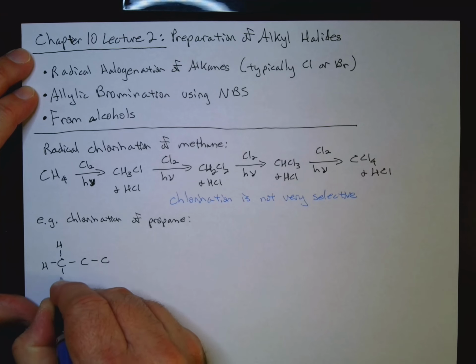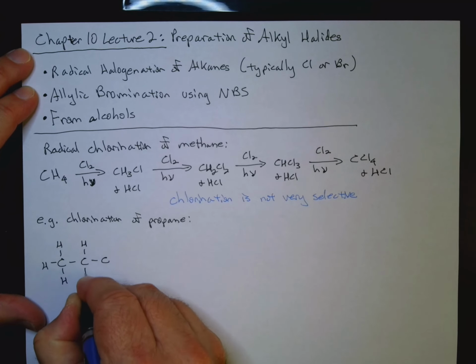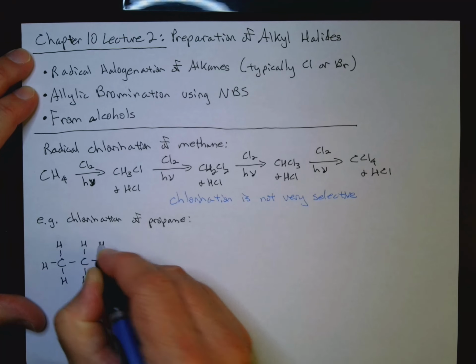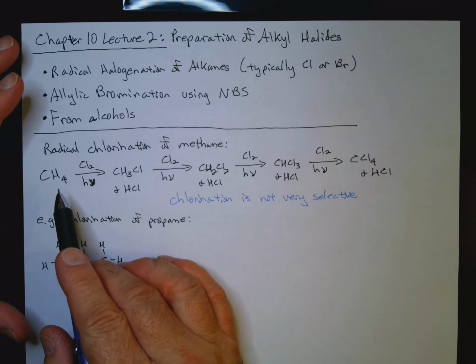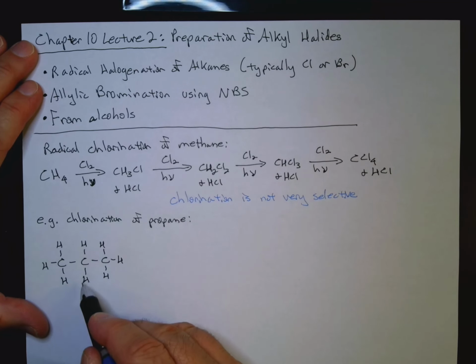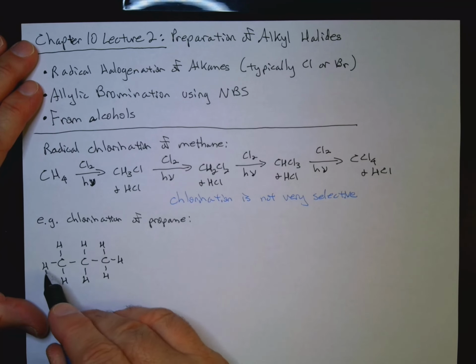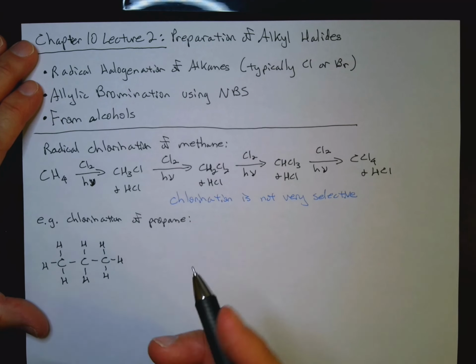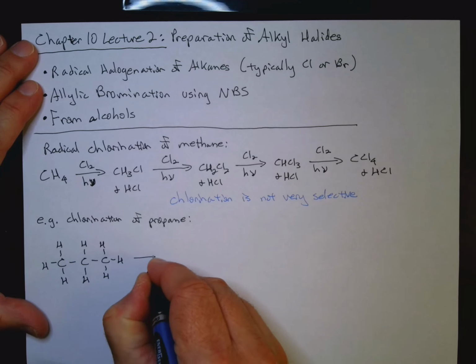I'm going to draw out all of my H's here because if you have something like methane or ethane, all of the hydrogens are the same. But in propane, the hydrogens attached to the middle carbon are different than the hydrogens attached to the end carbon. We'd see them in a different place in NMR, for example.